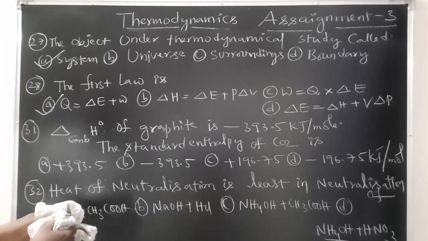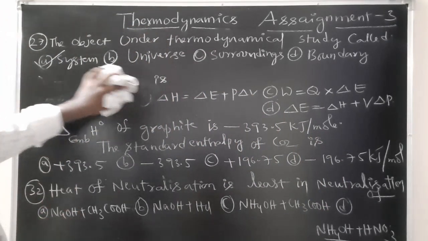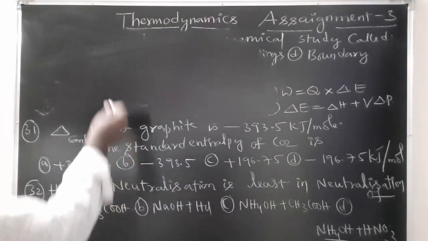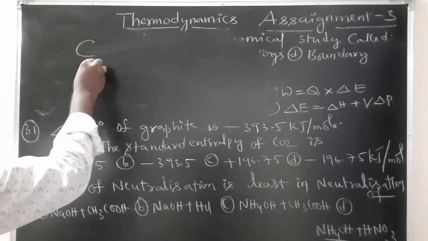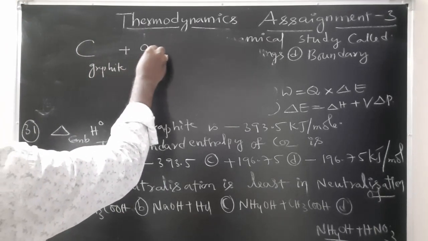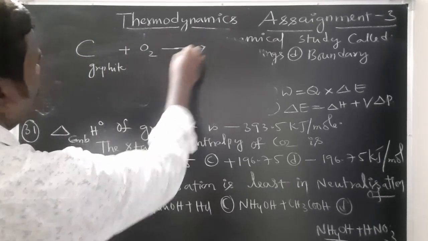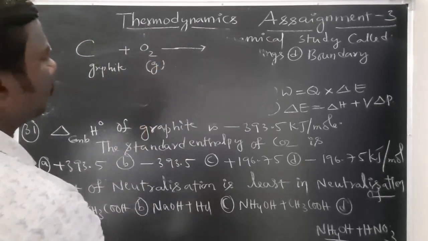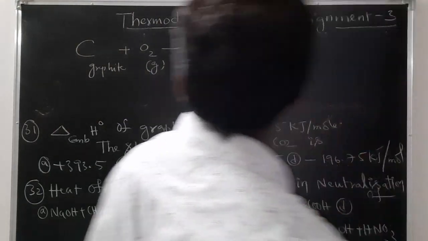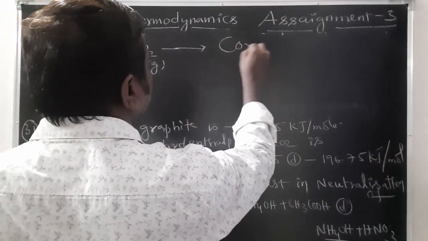I am erasing the first one, so here I am writing, students. C graphite plus oxygen gas gives rise to CO2 gas. It is.